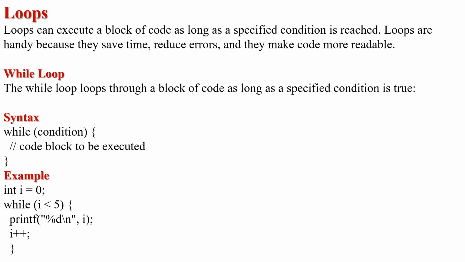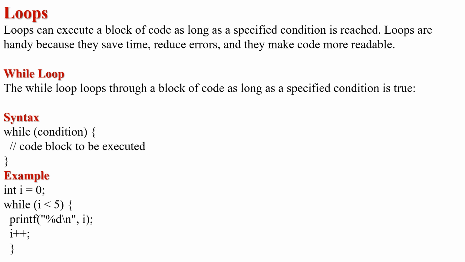For example, int i is equal to 0, while i less than 5. Here it checks 0 is less than 5. This is true, so printf i prints 0. Next is i plus plus, an increment operator, so 0 plus 1 is 1.